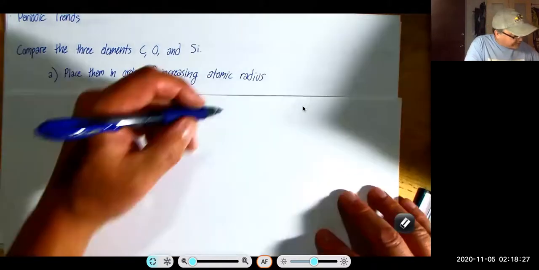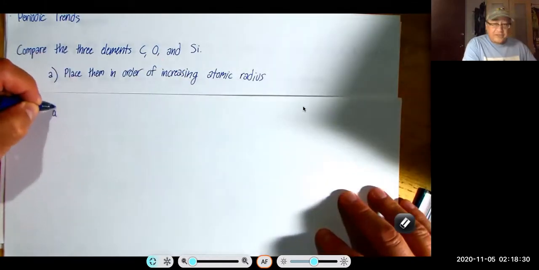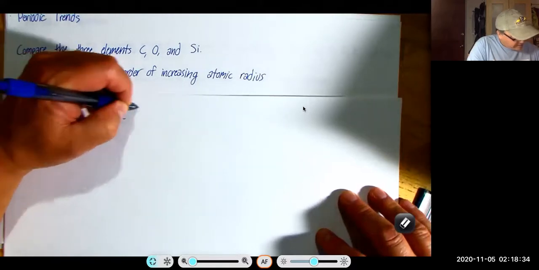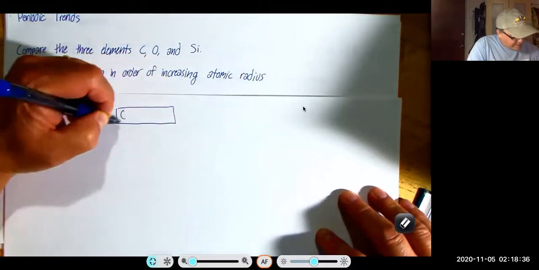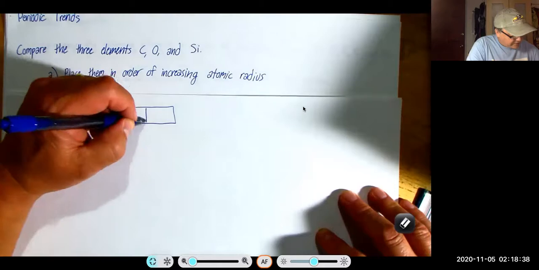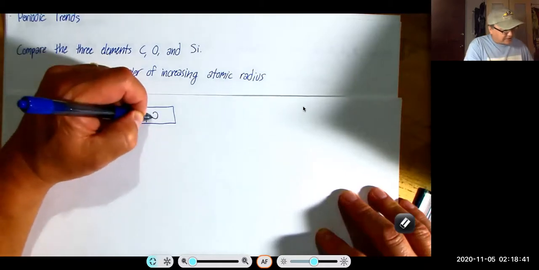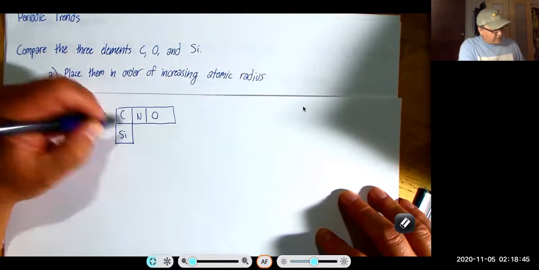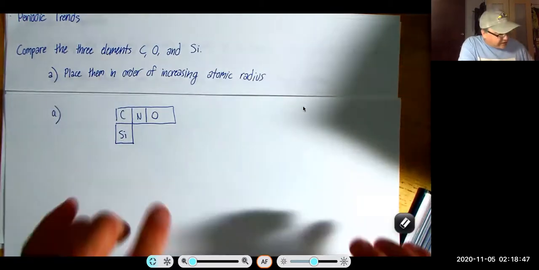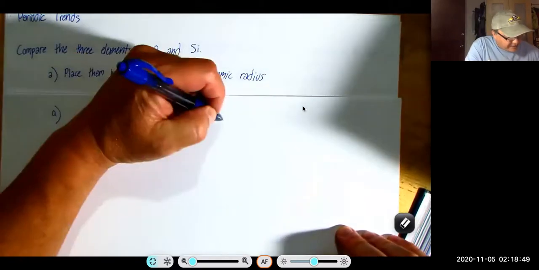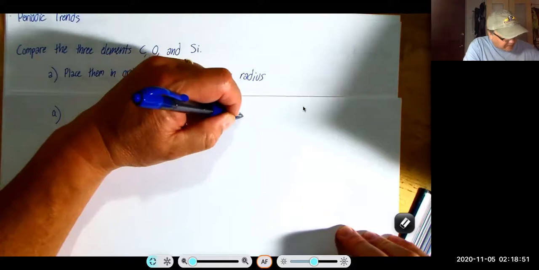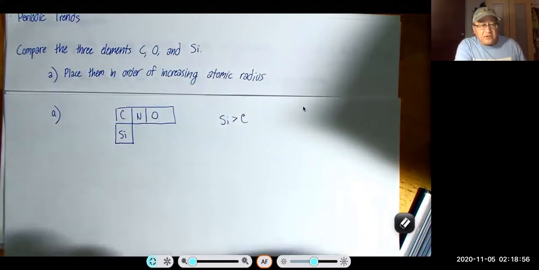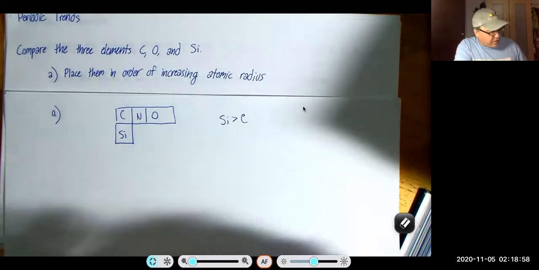So if I draw just a periodic table where we see carbon, oxygen, and silicon, there's carbon, there's nitrogen, and there's oxygen, and here's silicon. So if I look at silicon versus carbon, silicon is definitely bigger than carbon because silicon is lower on the periodic table, so its outermost electron is larger.